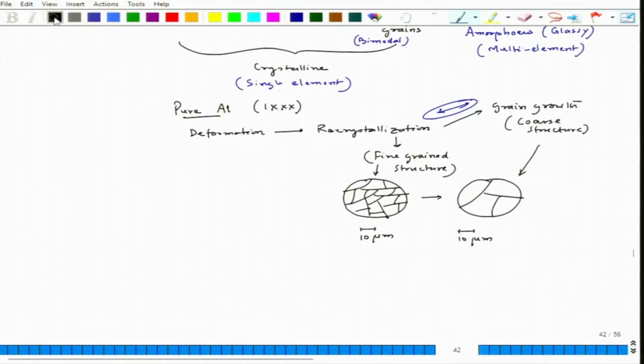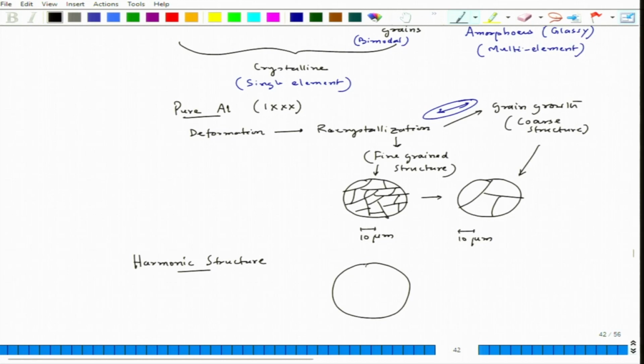So, there is a particular structure which has come up recently, which is called harmonic structure. Let us spend a little time on the harmonic structure. It is like this. You have a structure like this.